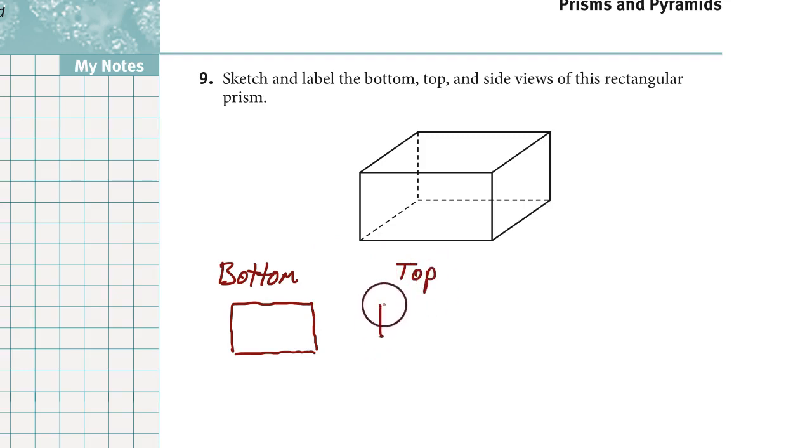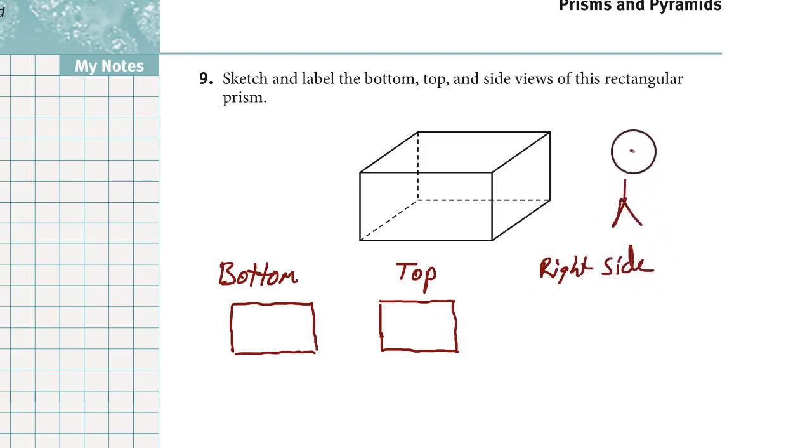You would see a rectangle that's congruent to the rectangle on the bottom. If you were looking at it from, let's say, the right side, what would you see? You have to imagine that you're standing over here and you're viewing this side of the shape only. What would you see? You would see a rectangle.